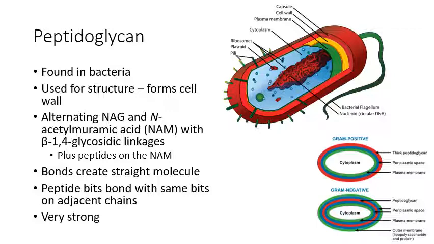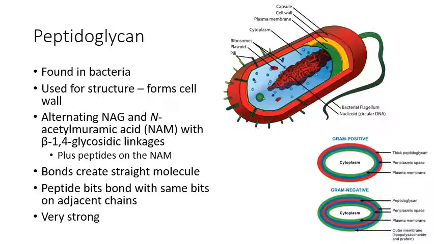So you'll have an NAG, then an NAM, then an NAG, then an NAM. They just alternate. They're always attached to each other using the beta-1,4 glycosidic linkages. And whenever you're building a polysaccharide using that type of bond, you always get a straight chain. Each NAM sugar will also have a really short chain of amino acids attached to it, just coming off of the ring, so it has a little peptide on it.